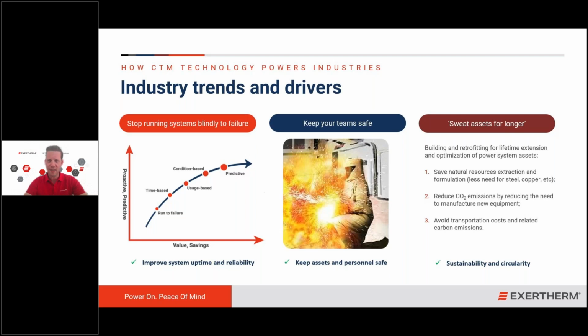When doing that, it will save natural resource extraction and formulation in the first place. So less iron ore or copper will need to be mined, less steel will have to be produced or aluminum to be smelted.